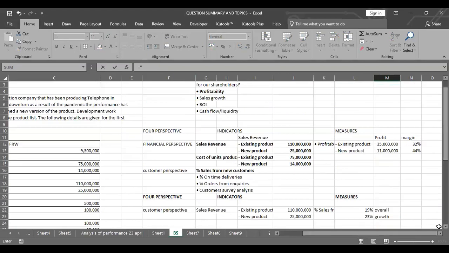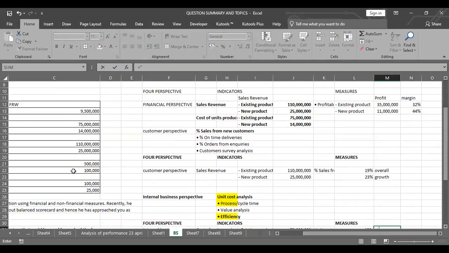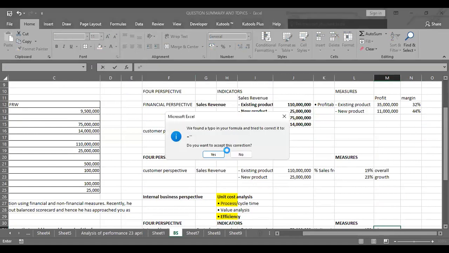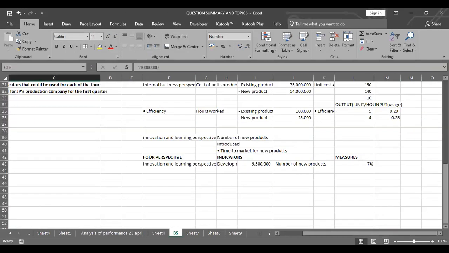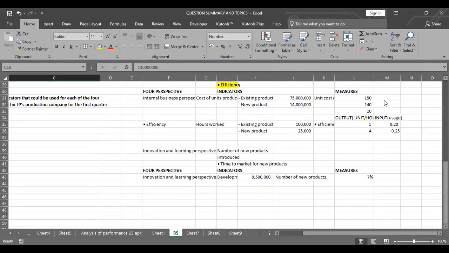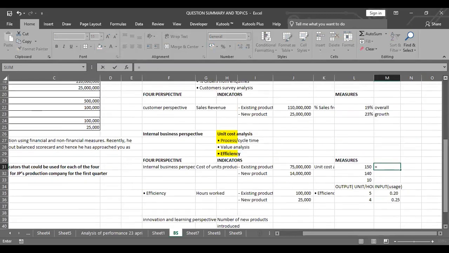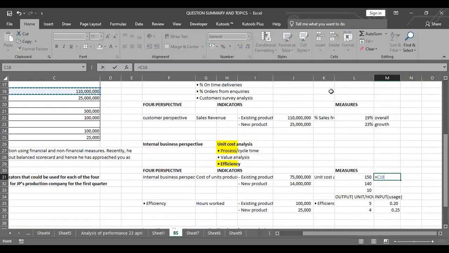The sales were 110, and I divided it. If you check properly, you notice I picked 110, and then I divided by the number of units produced.